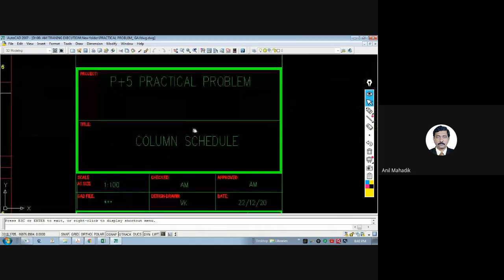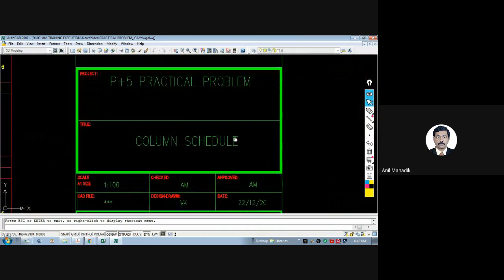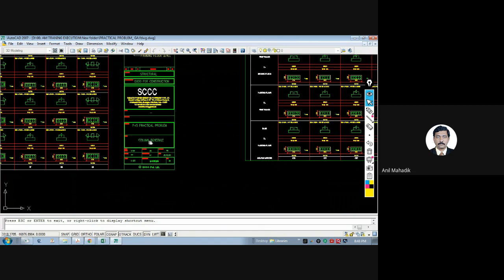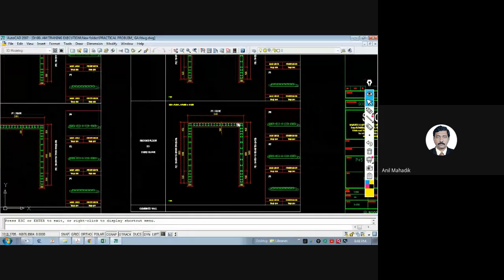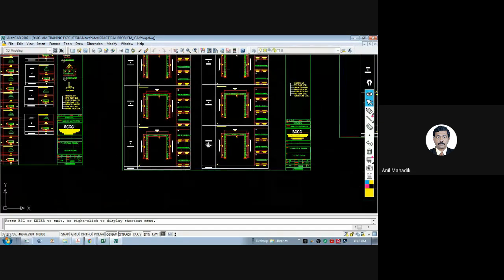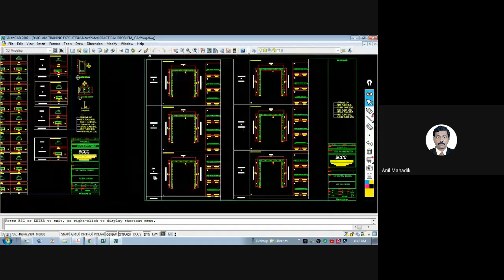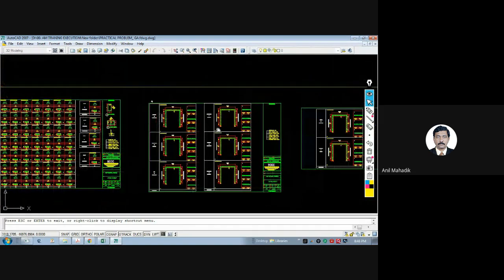So this is the drawing of the column, and you can write here in the title block as column schedule. If there are many sheets, like how many sheets do we have for columns? So this is the lift wall details. It is a part of the column only, because the lift also goes from base to the terrace level, right?